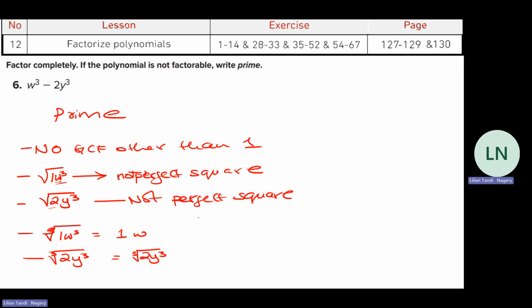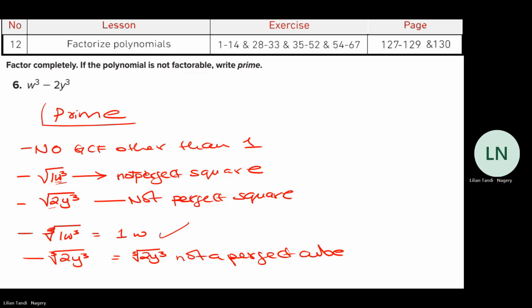Okay, 2 is not a perfect cube. So I did not say it 4 times. I only said it 1 time. So prime. Polynomial is not factorable. Okay?